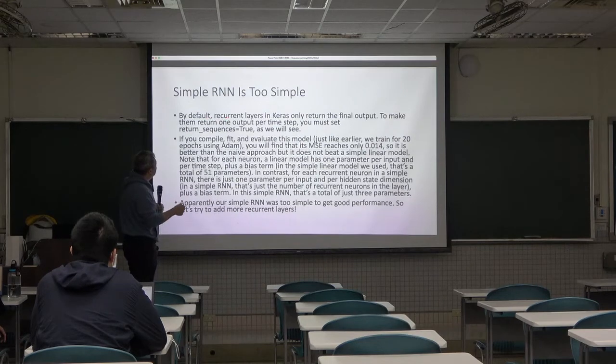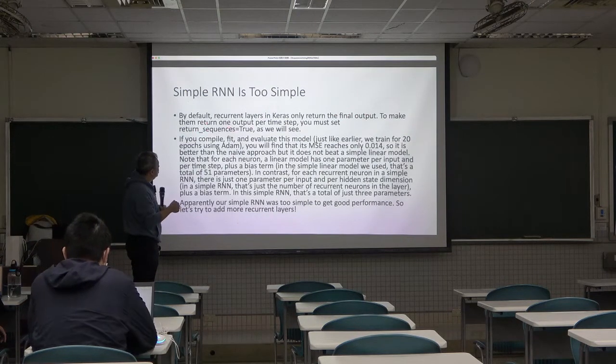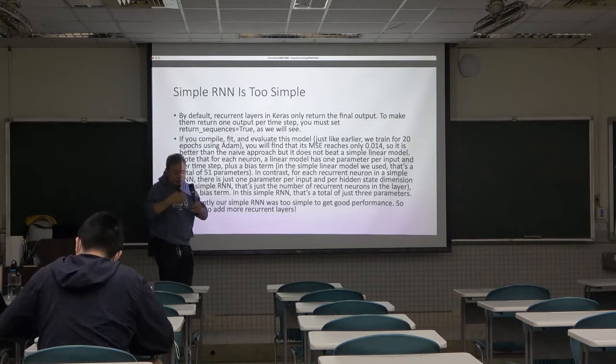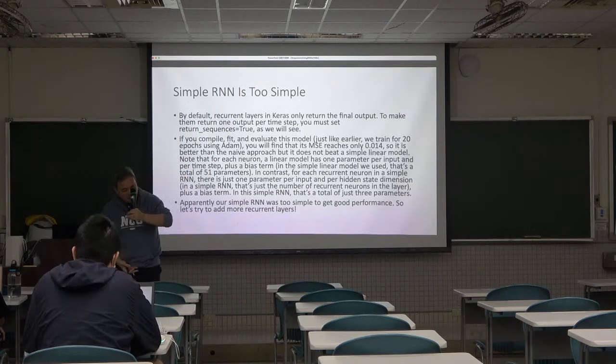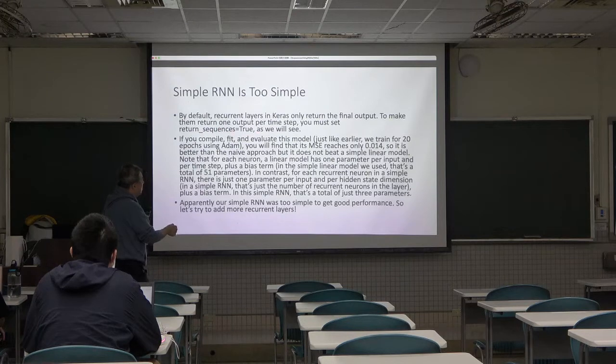Also, the recurrent layer in Keras only returns the final output by default. To make it return one output per time step, in other words to output a sequence, you have to set return_sequences equal to true. You will see this later on.